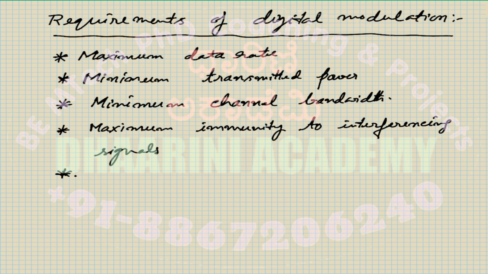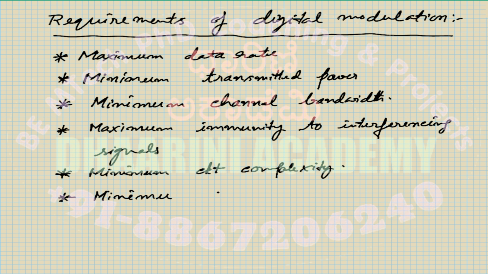This means we have to have two more points over here related to the complexity and cost. So minimum circuit complexity, and you have to reduce the cost, so cost should also be minimum, right?